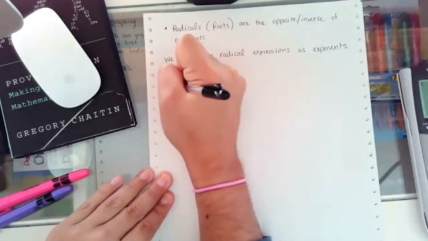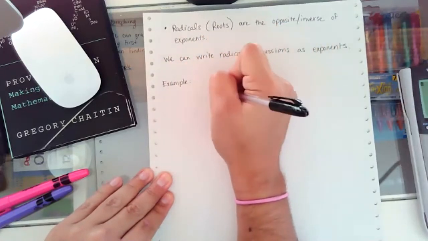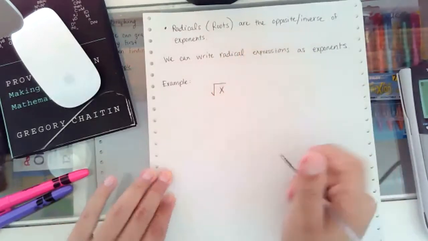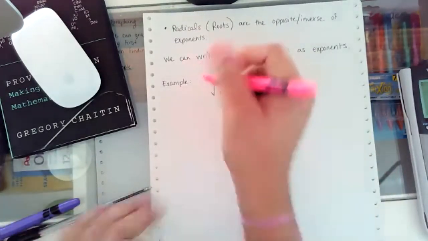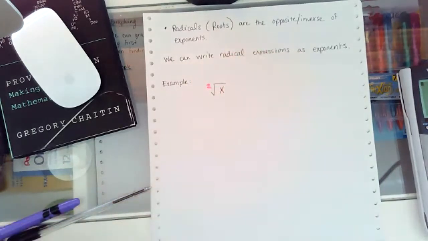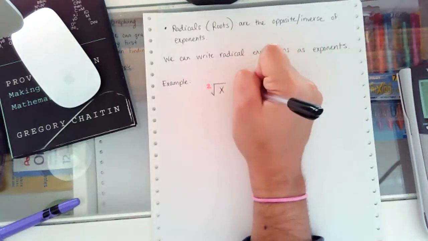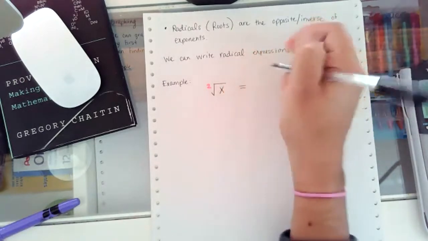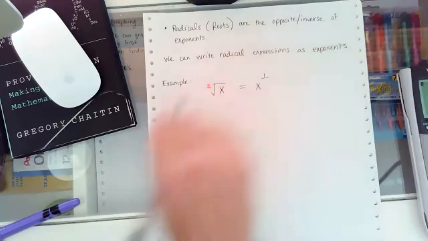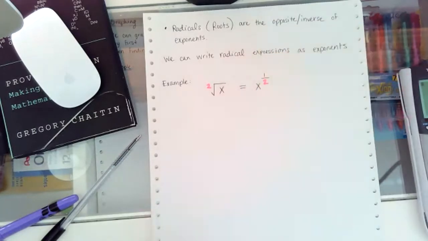So for example, if I have the square root of x, and remember, there's always an understood 2 for the square root. So I'm going to put a little 2 here. Then if I wanted to write this as an exponent, it turns out I can write this as x to the 1 over 2 power.